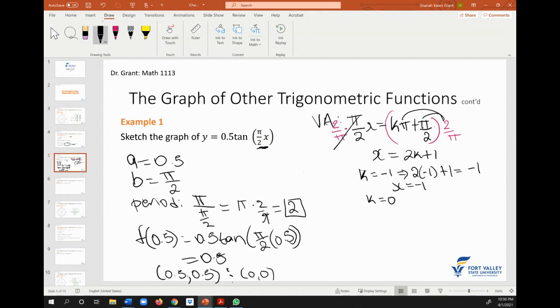If k equals 0, then x equals 1 is my asymptote. So we'll just use these two to sketch the graph. So we know that there's going to be an asymptote at x equals 1, so we'll put that there, and then another one at x equals -1. Okay, we know the graph is going to go through the point (0, 0) and (0.5, 0.5). So say that's here.